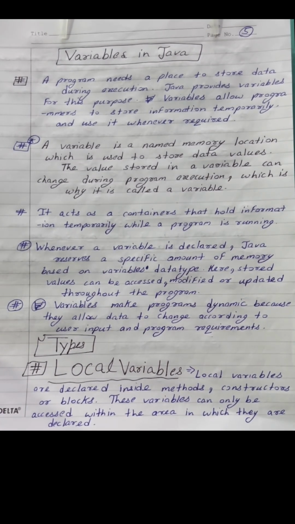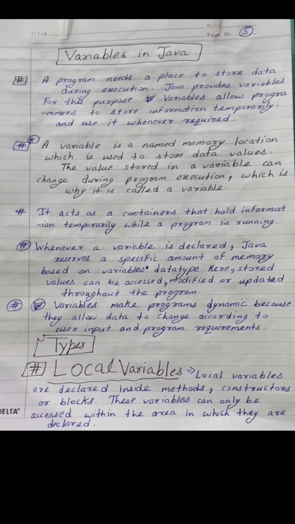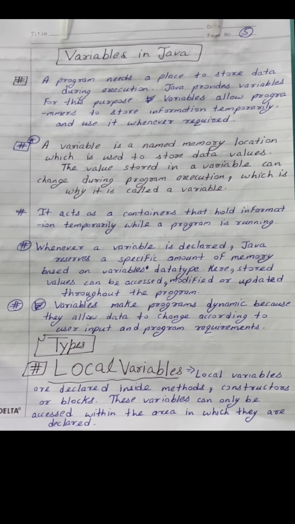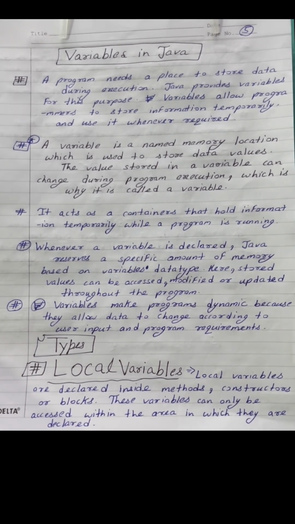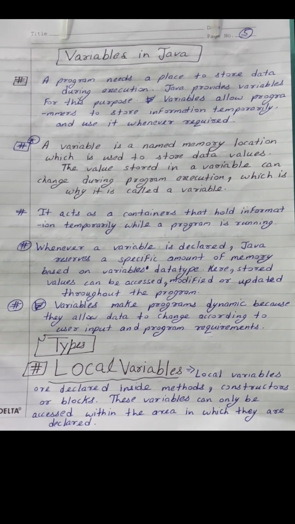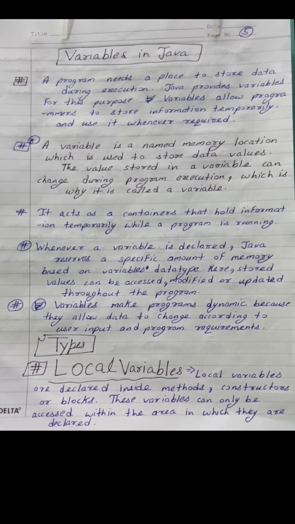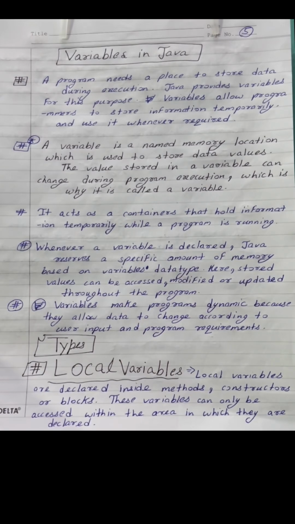So friends, let's first discuss what a variable is. We can say that it's a named memory location which is used to store data values, and the value stored inside a variable can change during the program execution.